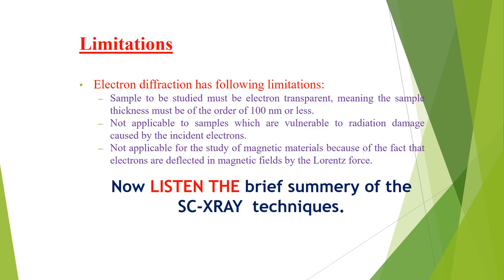Crystals with more electrons will more strongly scatter X-rays, and the effectiveness of the scattering of X-rays is called the scattering factor, or form factor, which has the symbol f naught.